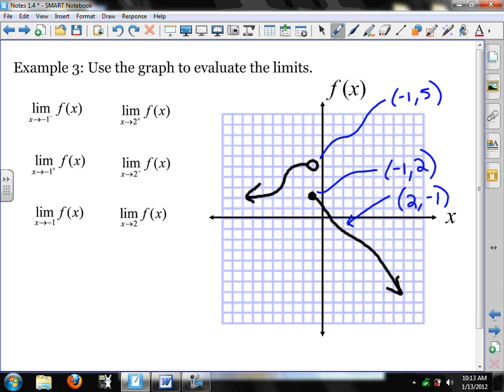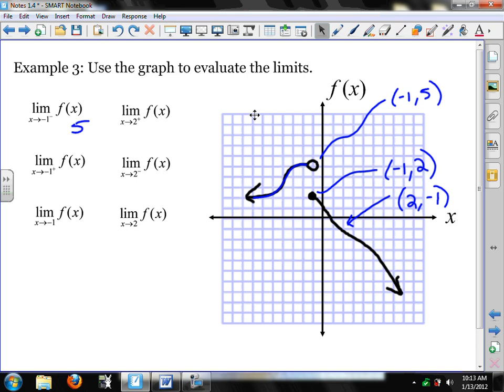Now, the one-sided limit, as we approach -1 from the left, the y value is approaching 5. So we don't care what's going on the right side of -1. On the left side of -1, the y value is approaching 5.